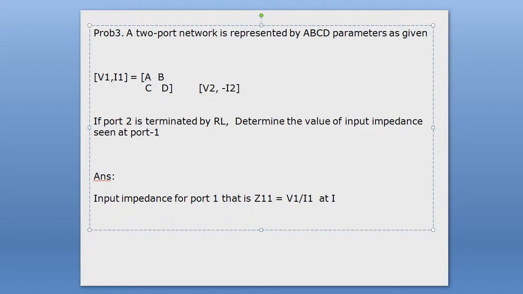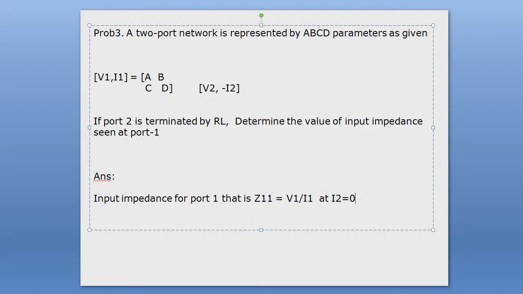At that time I2 equals 0. We have just solved such a type of problem, problem number 2. Z11 equals V1 by I1 with I2 equal to 0.